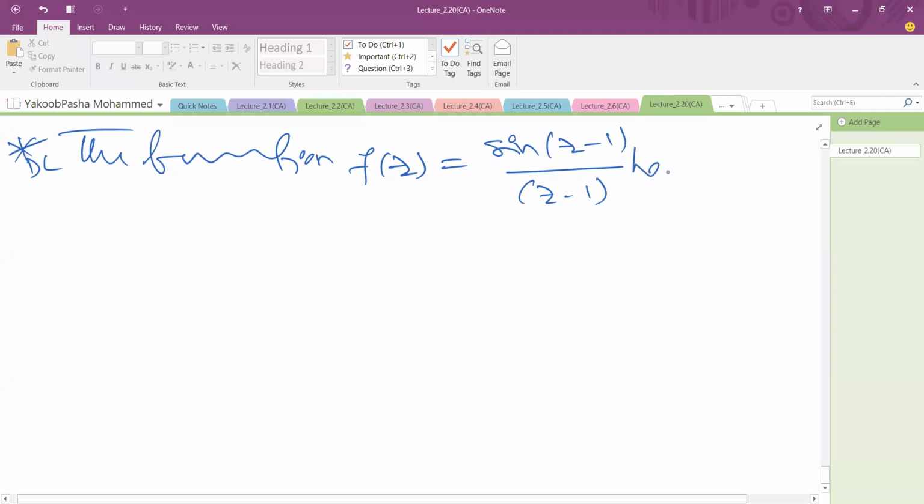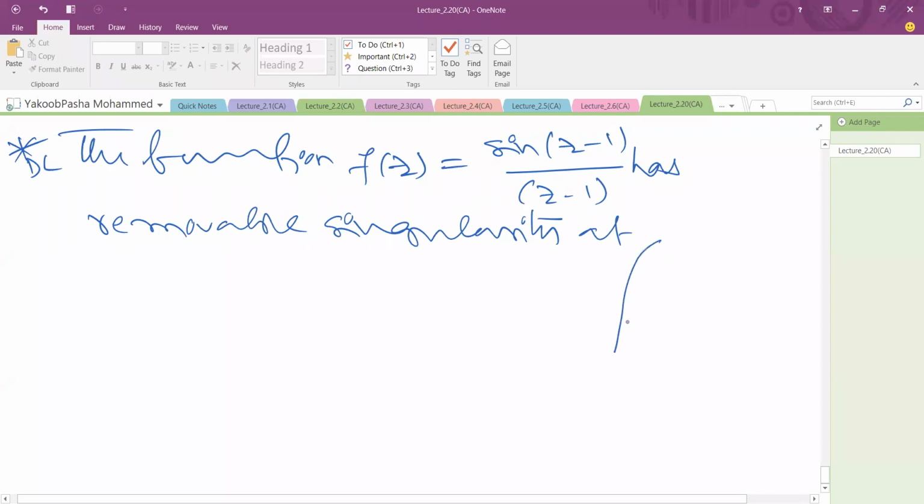The options we have are removable singularity at: first option z equal to 0, second option z is equal to 1, third option z is equal to infinity, fourth option z not equal to 1. These are the 4 options.